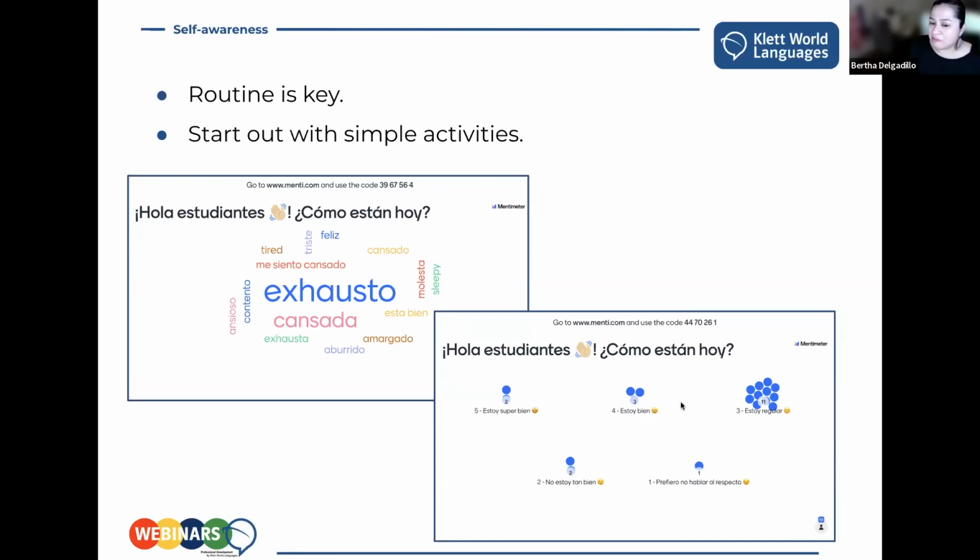And now that informs me also of the class, because I want to make sure that everybody is in this top 3, because if I have a lot of students at the bottom, maybe I need to rethink what my lesson looks like that day. And I have changed lessons.